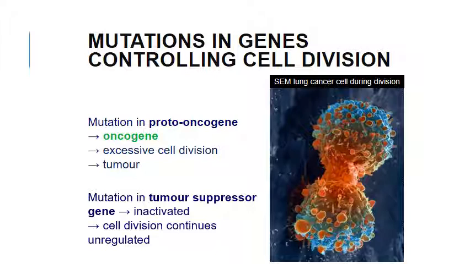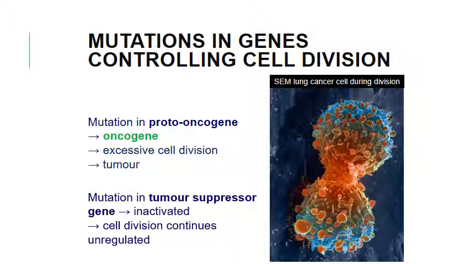If the mutation results in that tumour suppressor gene becoming inactivated, again, cell division would continue, but in an unregulated way. It may increase in rate. That cell division may be chaotic again. It's essentially uncontrolled, and that leads to the development of tumours.